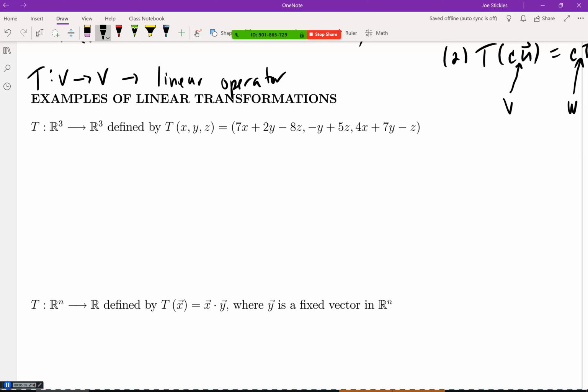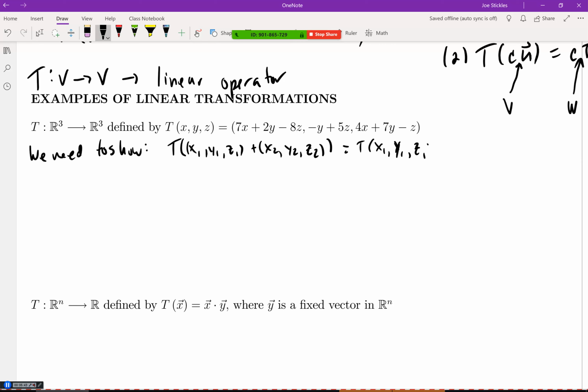So it takes a vector x, y, z, and it maps it to those three coordinates. So if we're going to show that this really is a linear transformation, then we need to show a couple of things. We need to show that if I take the transformation applied to the sum of two things, then I have to be able to break up the transformation over the sum.